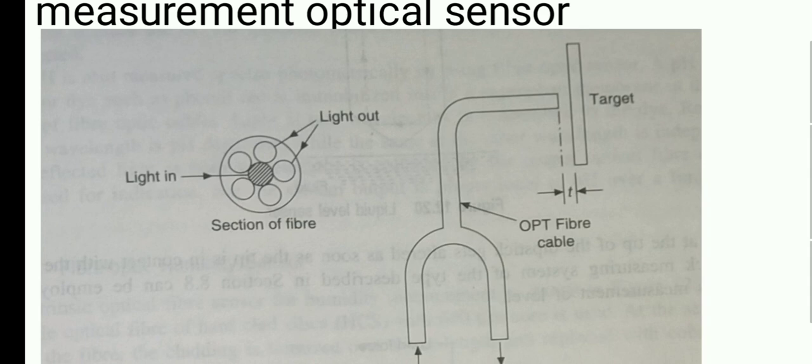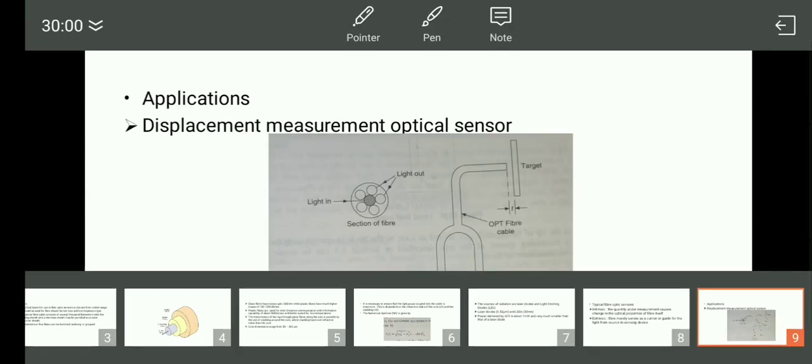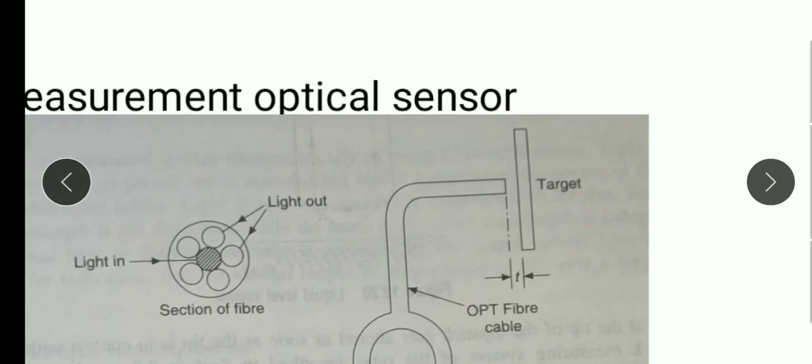The distance between the target and the tip of the cable, that is T, decides the intensity of the reflected light.